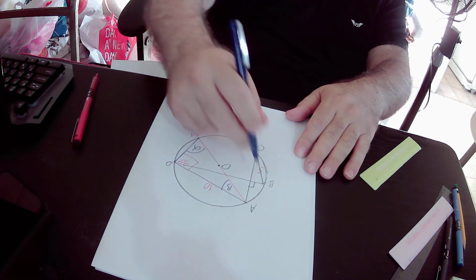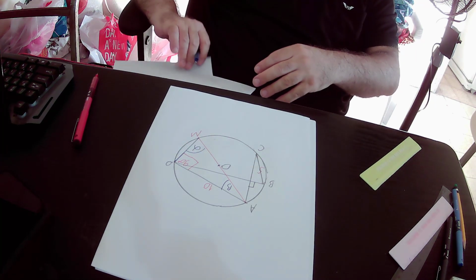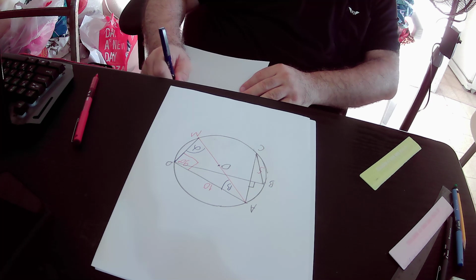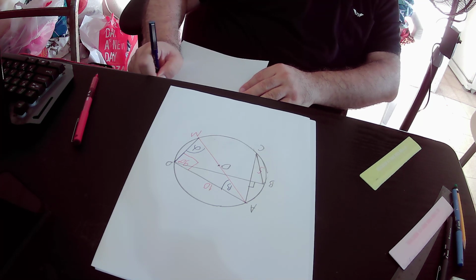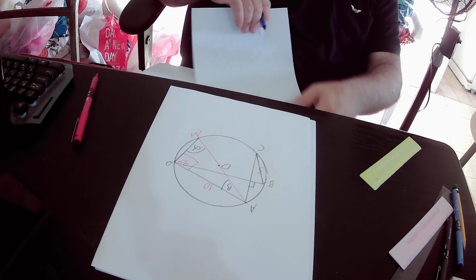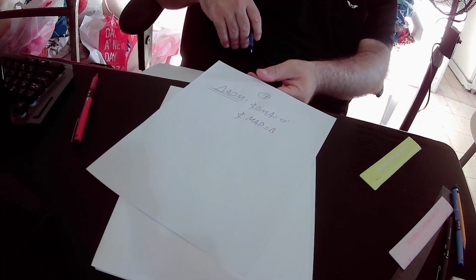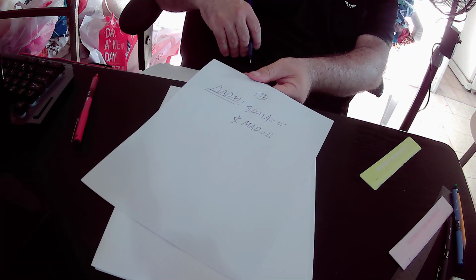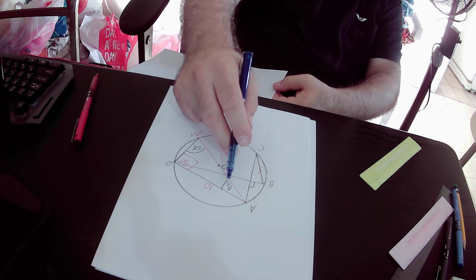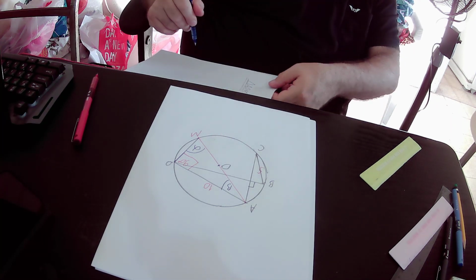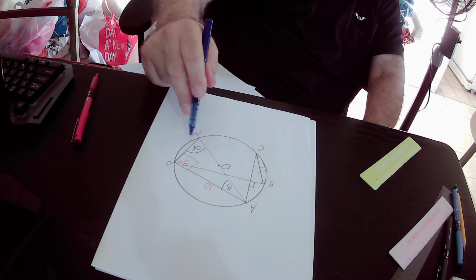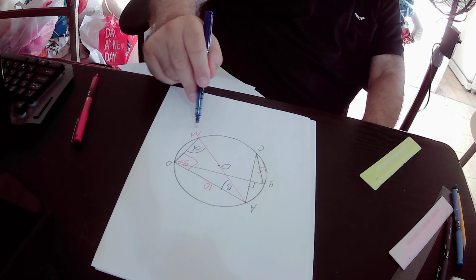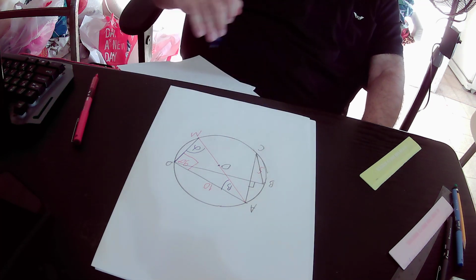Angle MAD equals beta. So angle DMA equals alpha, and angle MAD equals beta.